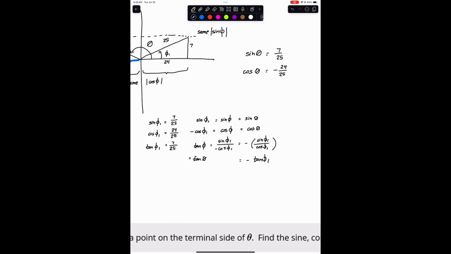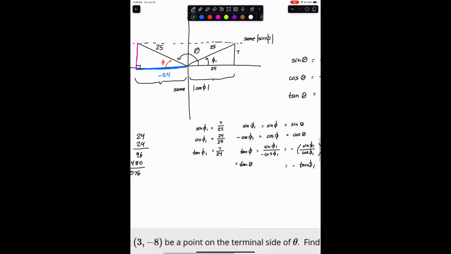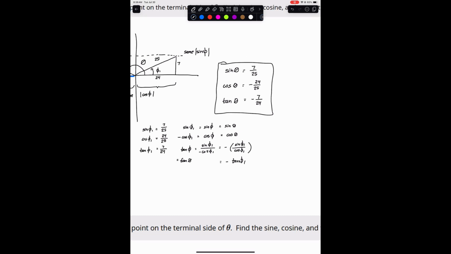And tangent also flips the sign, so we get a negative 7 over 24. I just realized I didn't write the right number here. This should be 24. There we go. And these are our answers.